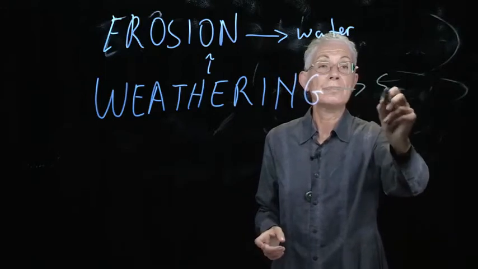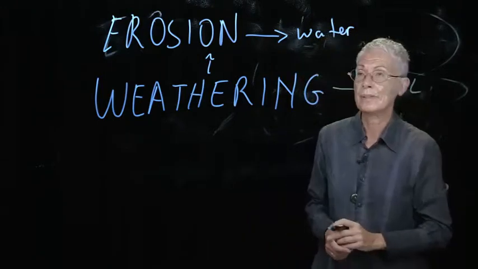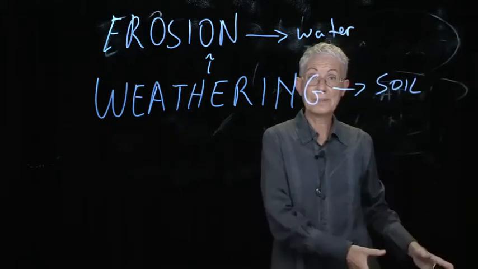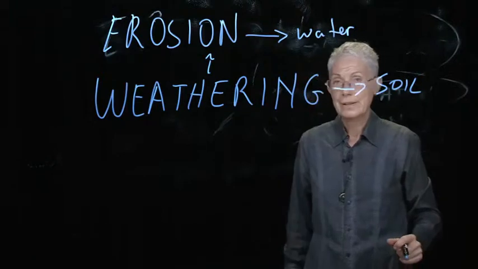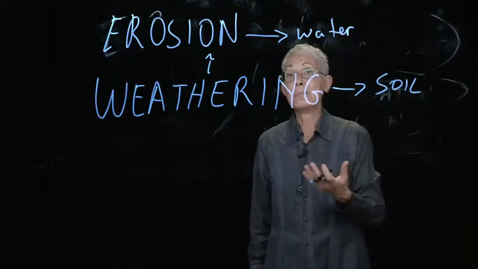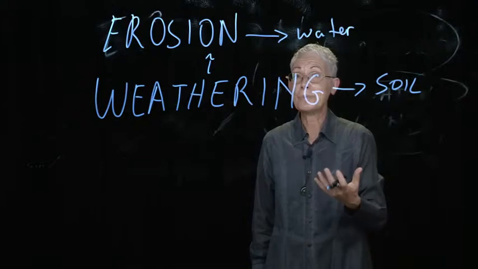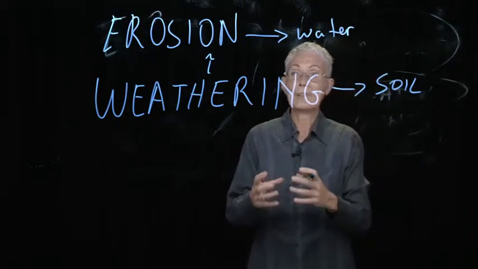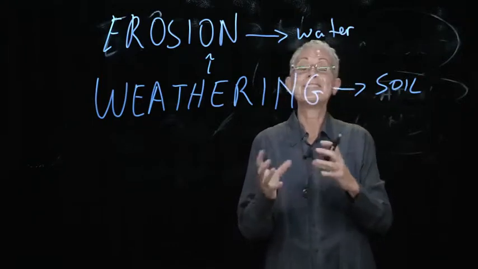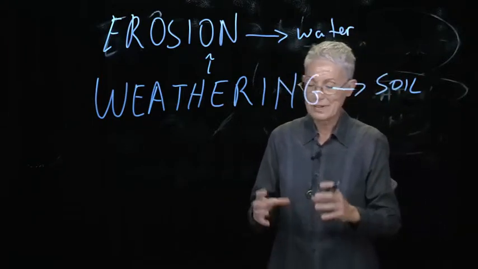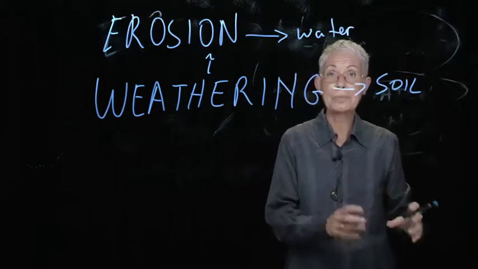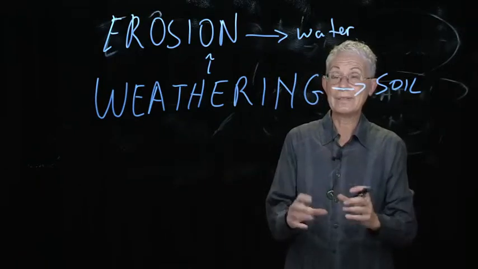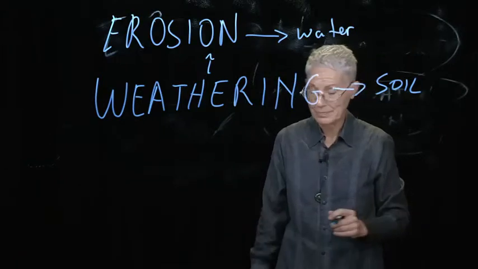So on Earth, this is how you create soil. You weather a rock, and the product is soil. Oh, this doesn't happen today on Mars because there's no water. So hydrochemical weathering, meaning that the weathering is carried out by the interaction between water and a rock, on Mars doesn't happen.